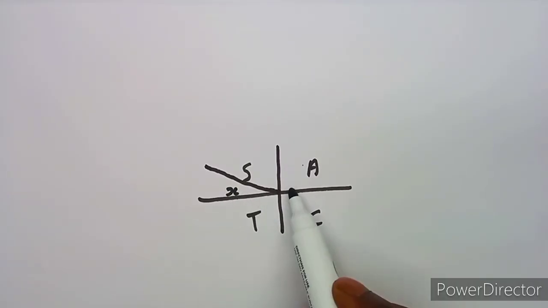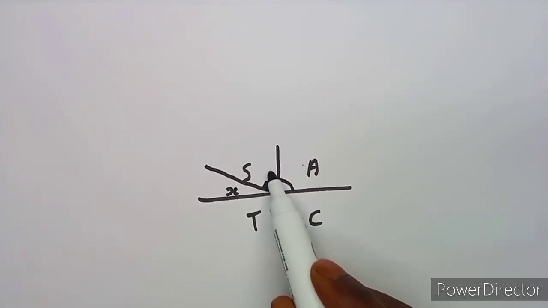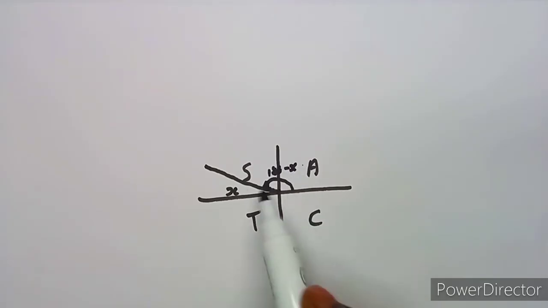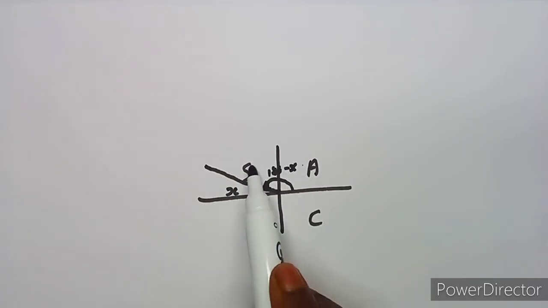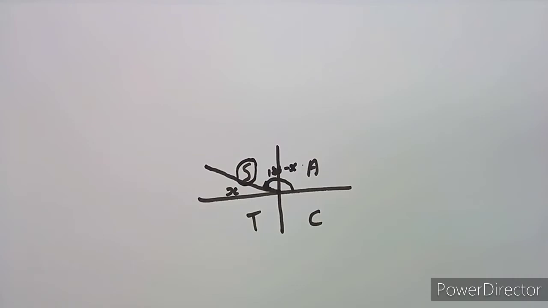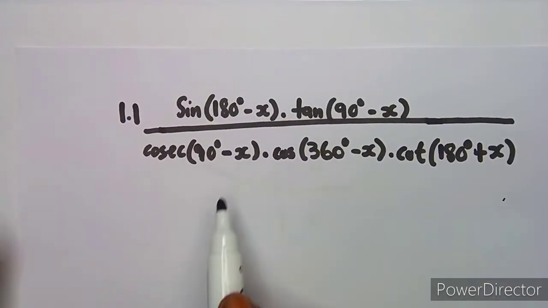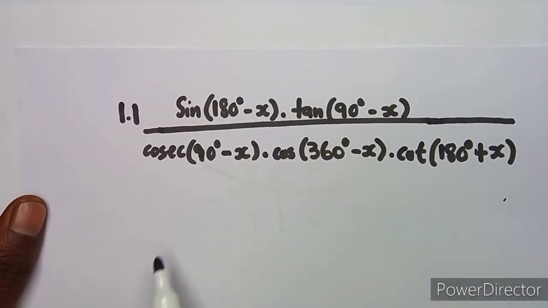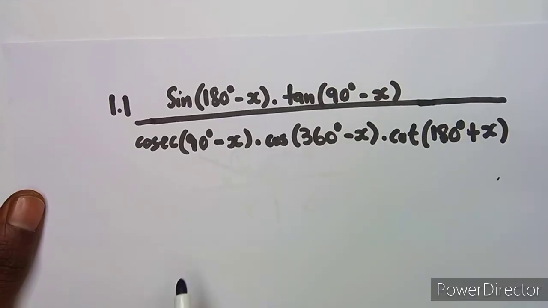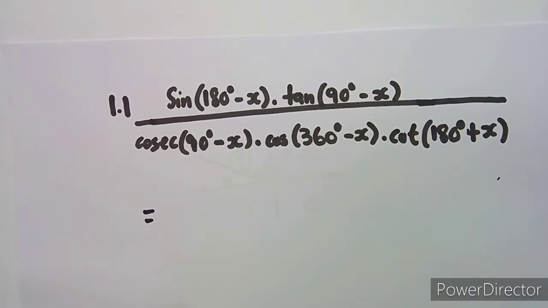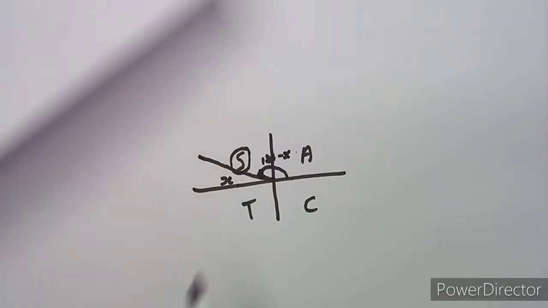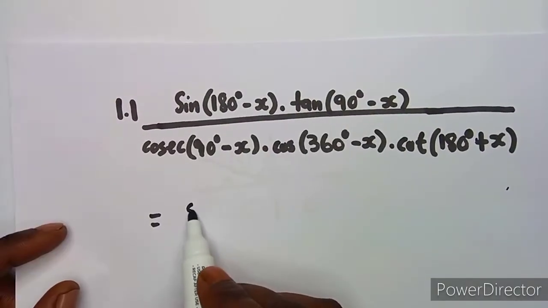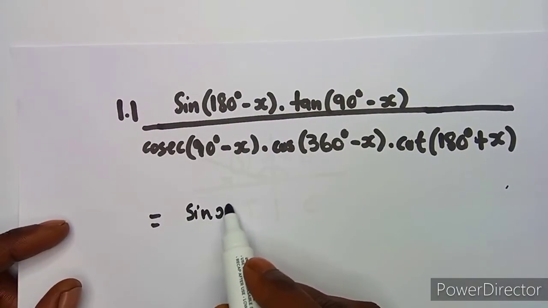This will be your x and this will be your 180 minus x, in the second quadrant, and this quadrant is for sine, which means it is going to remain as sine, a positive of the acute angle x. So it is going to give us sine x.